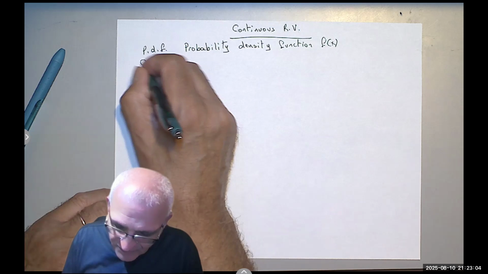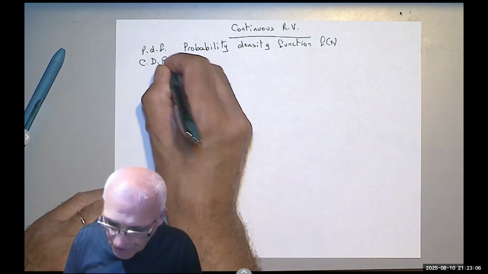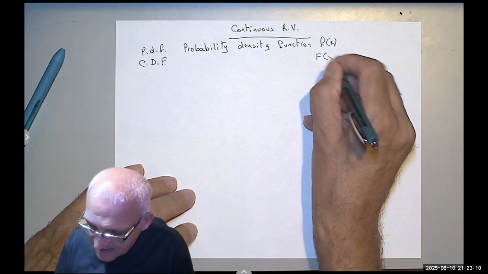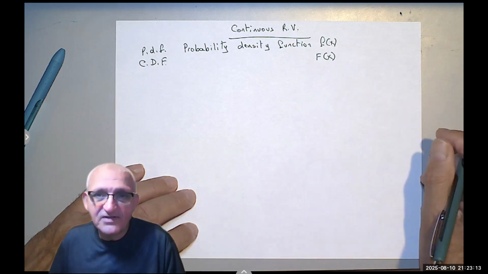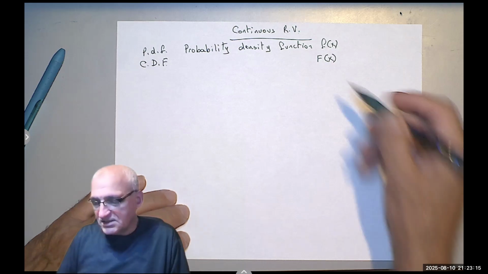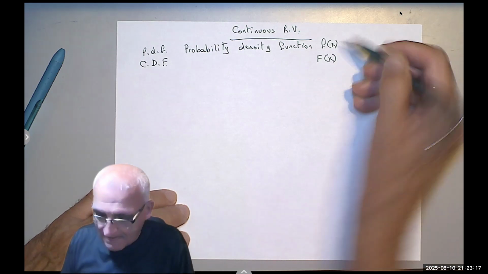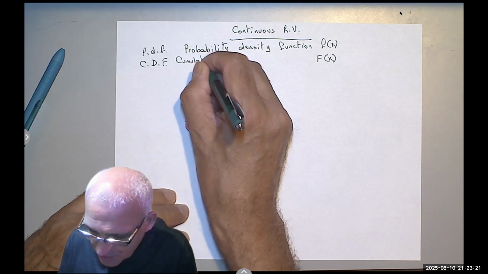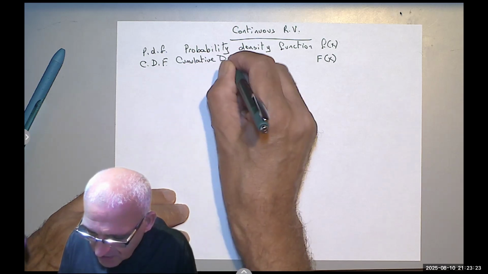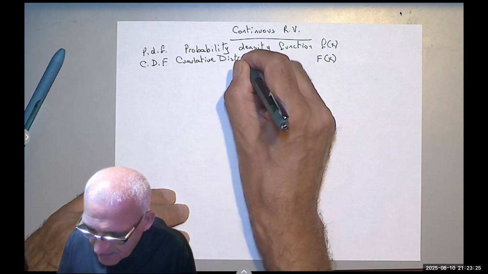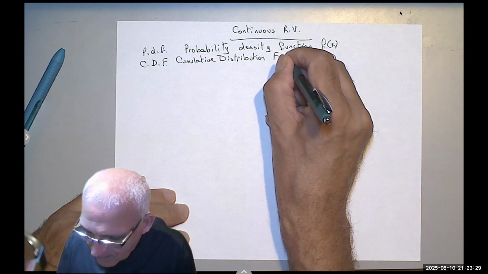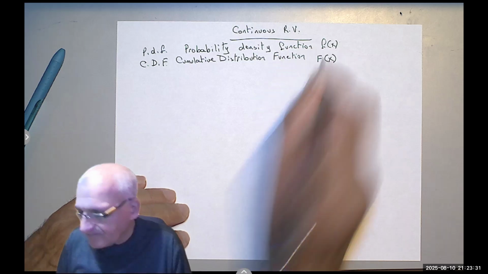The cumulative distribution function, we usually write it in capital letters, this is written as uppercase letter F because this is the integral of that. Cumulative, or just the distribution function, cumulative distribution function. Okay.